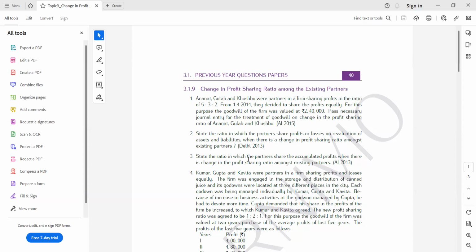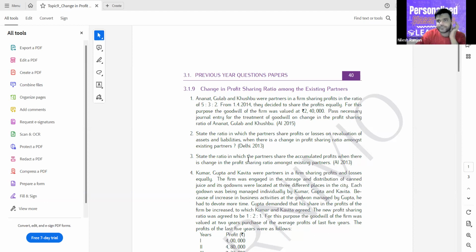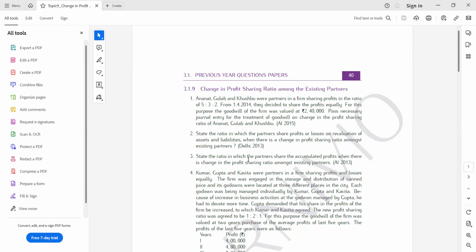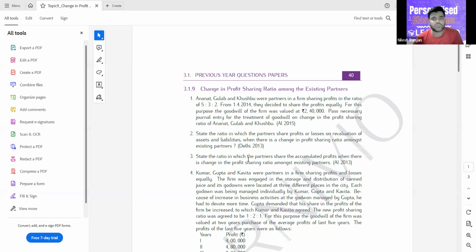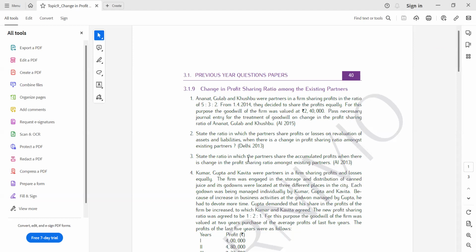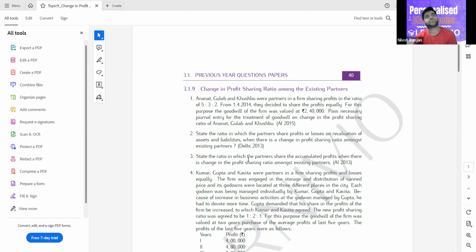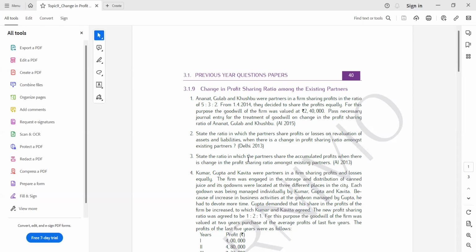The profits are equal, so I think it will be 1:1:1. So old ratio is given in the question, and also the new ratio. So what can be calculated here?